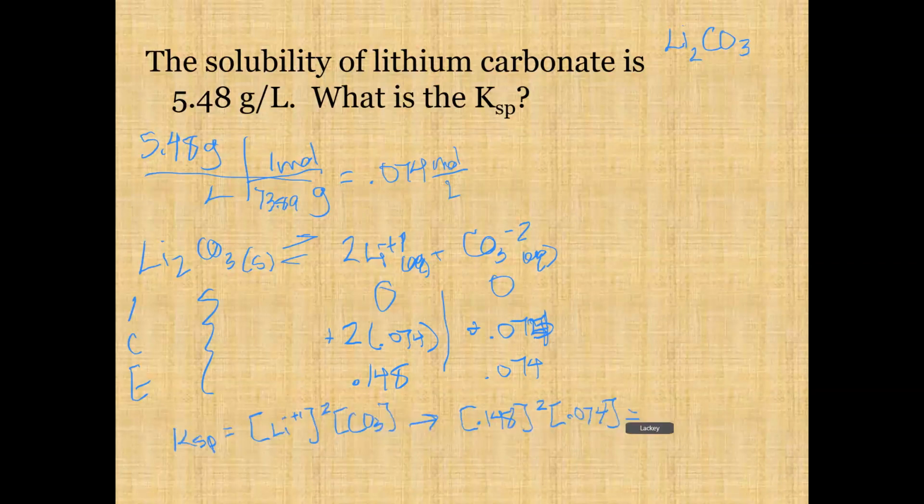We get that the KSP value is equal to 1.62 times 10 to the -3rd. So this, because lithium is a group 1 salt, tends to be fairly soluble. So that's one that typically we would say would be soluble based on it being lithium.